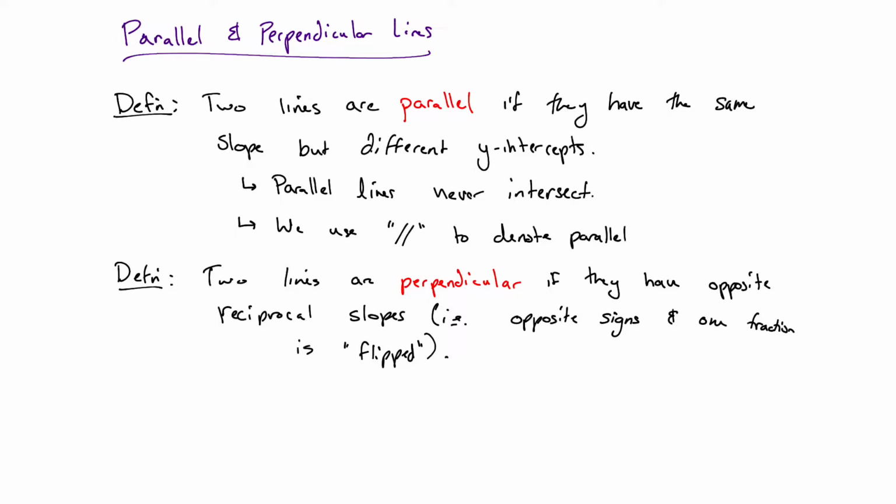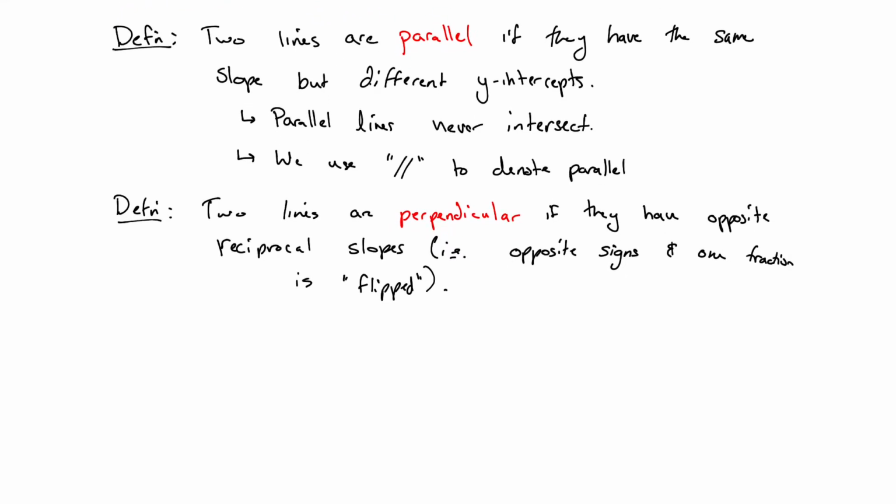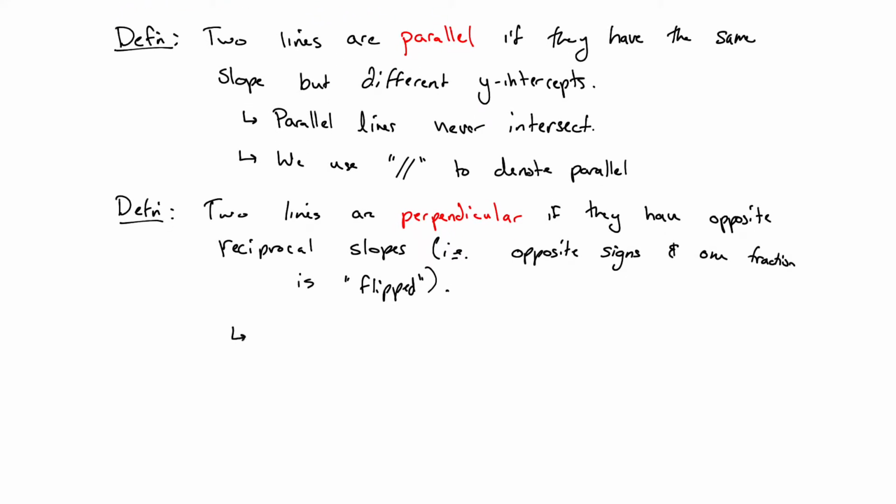So what do I mean by that? Well, we got to add a couple more bullet points. The first one is, let's look at an example of what this means. Opposite reciprocal slopes. What do I mean by that?